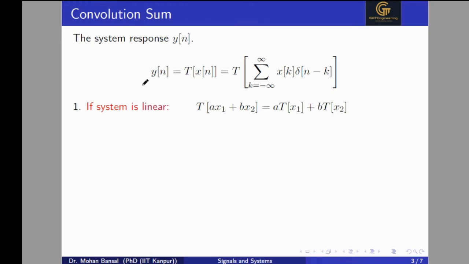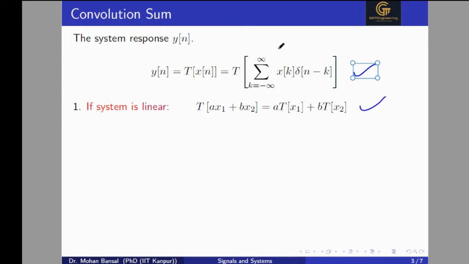Now we will check, if the system is linear, how we can represent this function in terms of the linear property. We know linear systems satisfy the properties of additivity and scaling. If we write T of a x1 plus b x2, we can write a T x1 plus b T x2. This is the linear property, satisfying homogeneity and additivity.